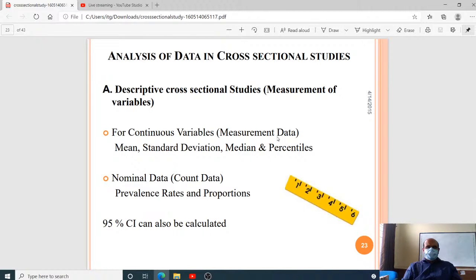For continuous variables, mean, median, standard deviation, and percentiles are analyzed. For nominal data, prevalence, rates and proportions. And a 95% confidence interval can also be calculated.